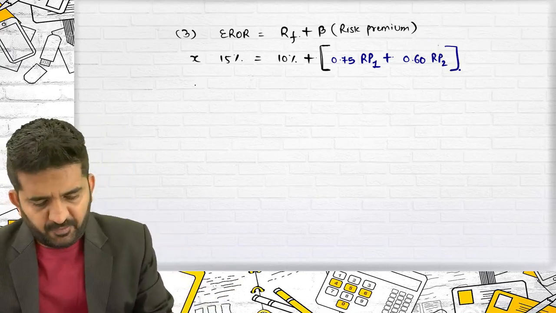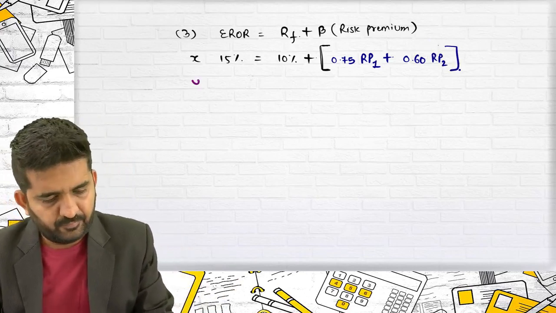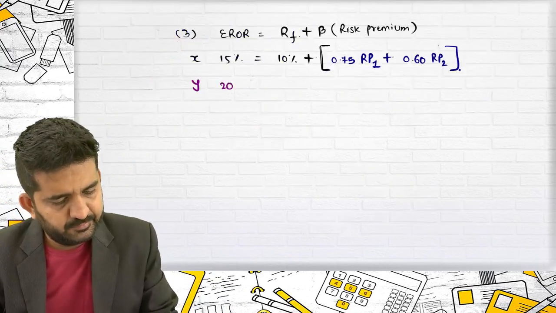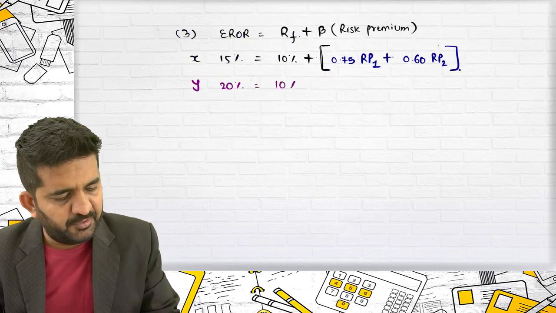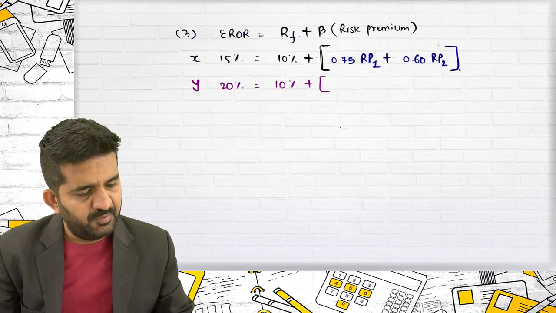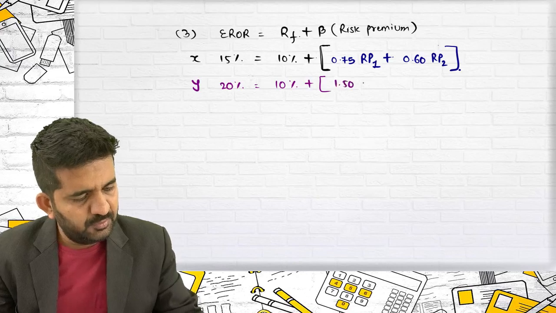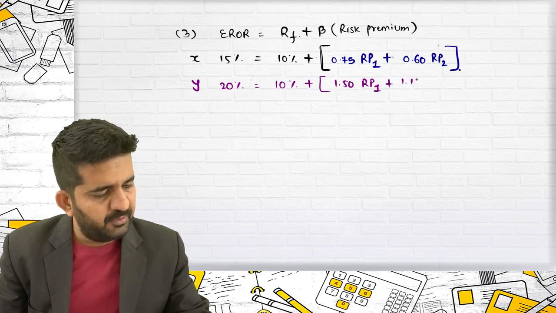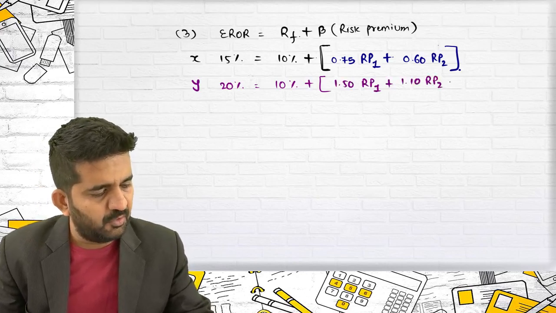Similarly, let me write it for Y. Expected rate of return is 20%. Risk-free rate of return is 10%. Plus 1.50 risk premium of factor 1 plus 1.10 risk premium of factor 2.